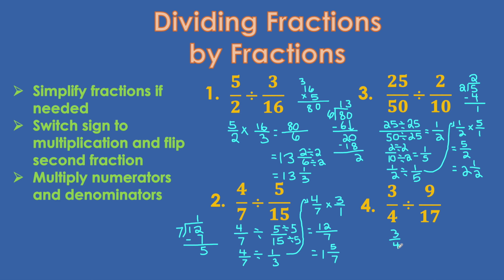And now we're doing the second step. Since this fraction or this fraction cannot be simplified, we're going to switch the sign to multiplication, then flip the second fraction. Instead of 9/17, it'll be 17/9. Then multiply straight across.